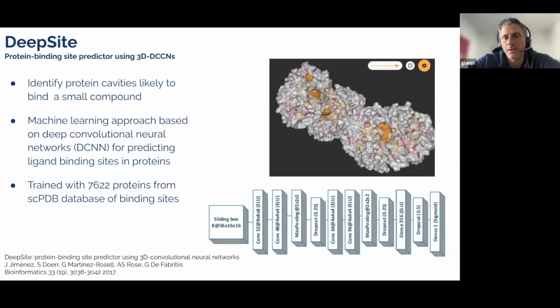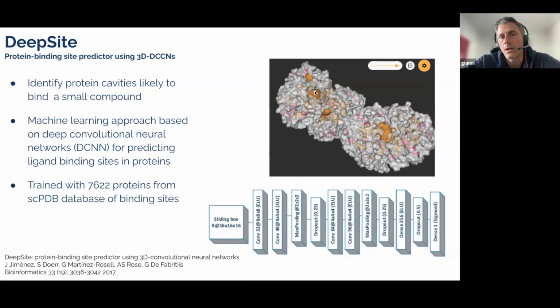I put the reference down here. Again, it is a deepish neural network where we take this box, this concept of three-dimensional photos, if you want, images of these proteins. The idea was to be able to predict where a drug would bind.